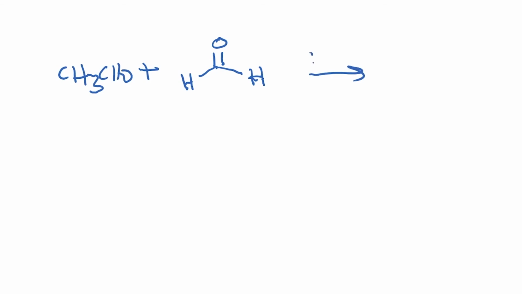Okay, so now let's look at another important aldehyde that we have all encountered previously, which is formaldehyde. So formaldehyde is nothing but a carbonyl flanked by 2 hydrogens. So when I react this with acetaldehyde, for example, in the presence of a base, now what we would expect here clearly is that, again, I know once we have cross aldol reactions such as this, or a potential cross aldol reaction such as this, we need to look for enolizable hydrogens.